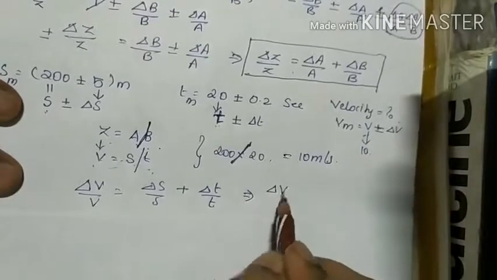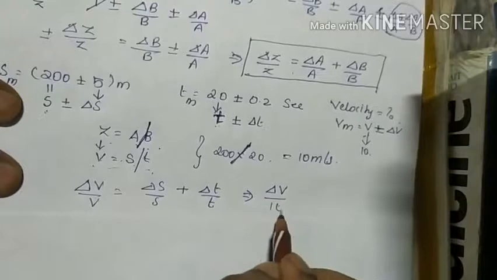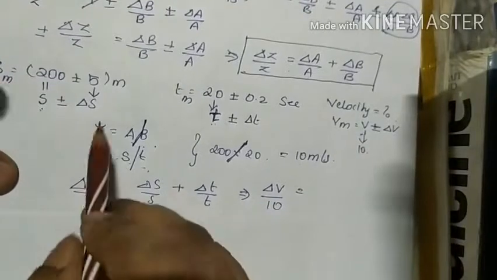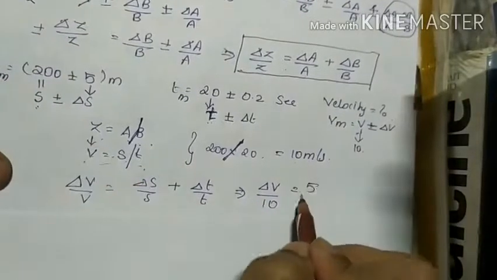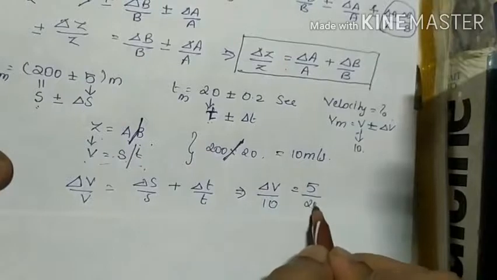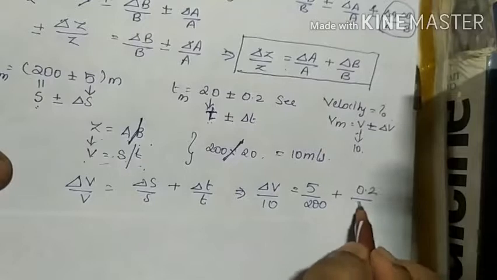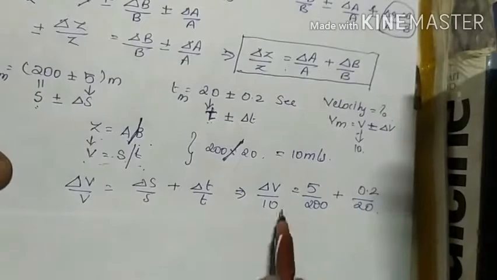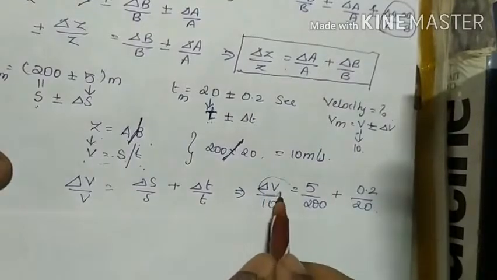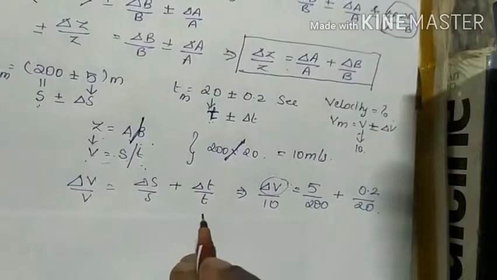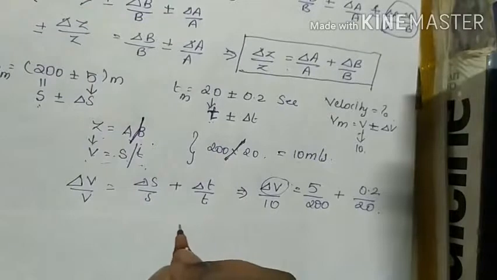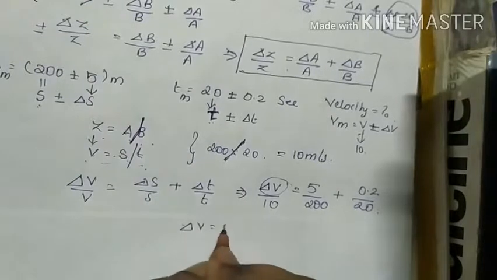Delta V I don't know, but V's value I have just found as 10. What is delta S? It is 5 divided by 200 plus delta T is 0.2 divided by 20. The other values you have got, you just have to find delta V. This calculation please try to do by yourself, guys. You will get delta V as around 0.35.